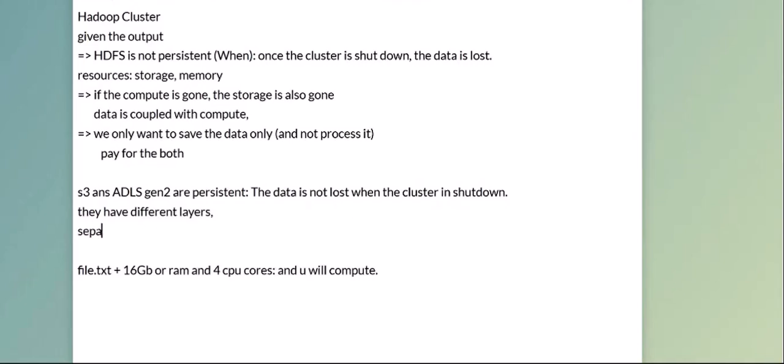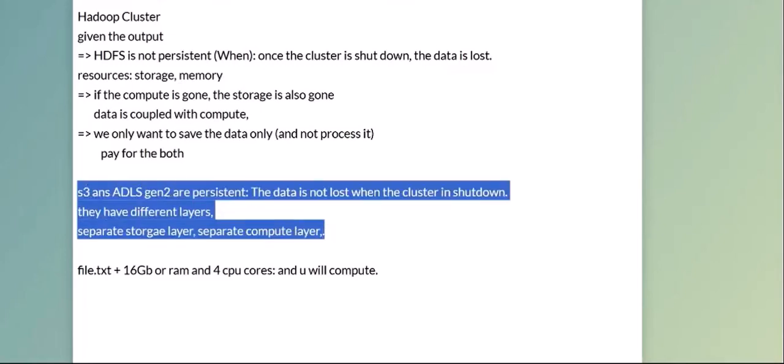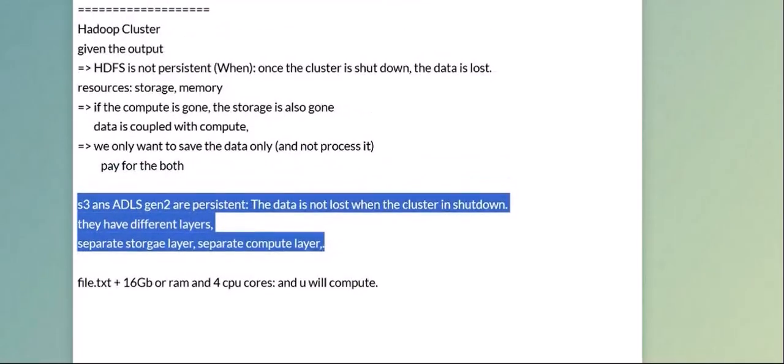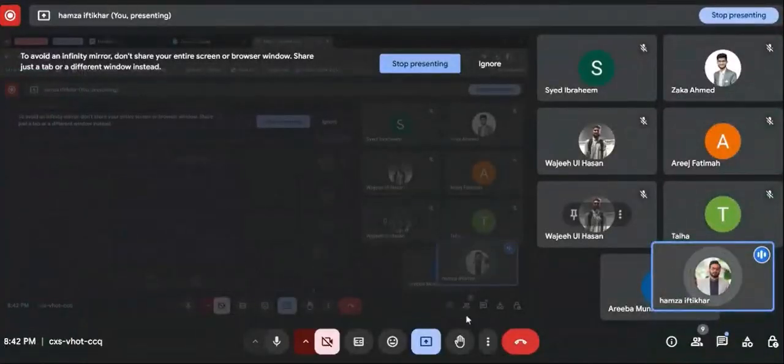They have a separate storage layer, separate compute layer. So the data is not coupled with the compute in these data lakes, which are on the cloud. I hope this is clear. Is everybody clear till now?